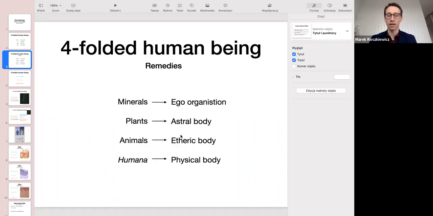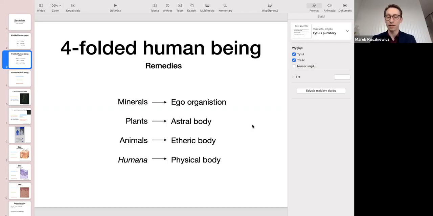The plants are working on the astral body and animals mainly on the etheric body. It will be quite important when we see the therapies. Also, a few remedies, so-called humana, from the human kingdom, but they will mainly work on the physical body.